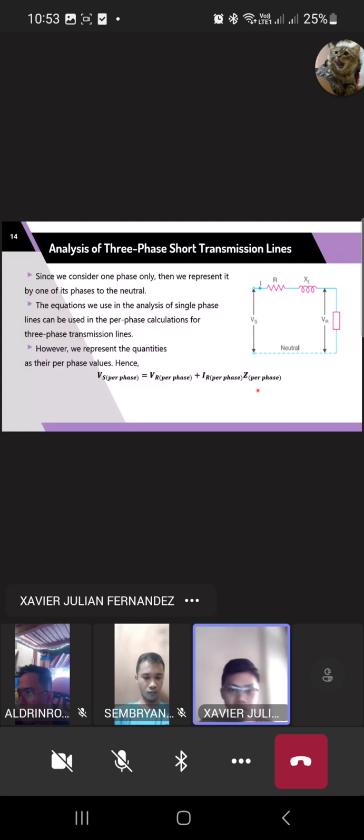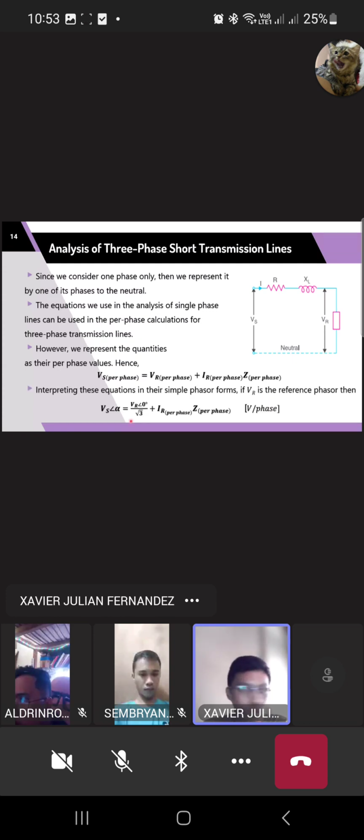If we interpret these equations in simple phasor forms, this is what we get. Please take note that for three-phase transmission lines, our sending end voltage, the result of our calculation, will always be per phase.